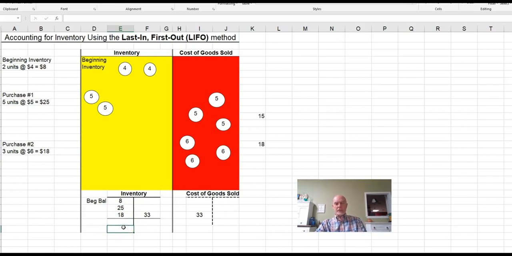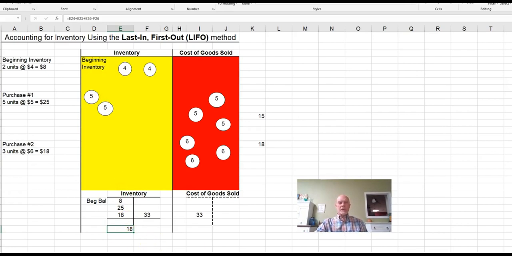I move it down here so the math doesn't get in the way. Beginning inventory plus those purchases minus the cost of goods sold, so 18. And we can see that's right. We had 2 $5 items and 2 $4 items, so that is 18.